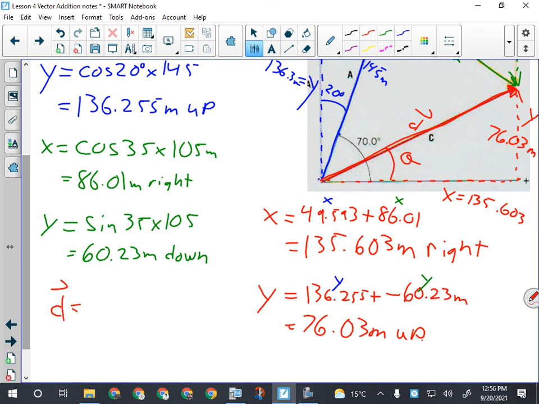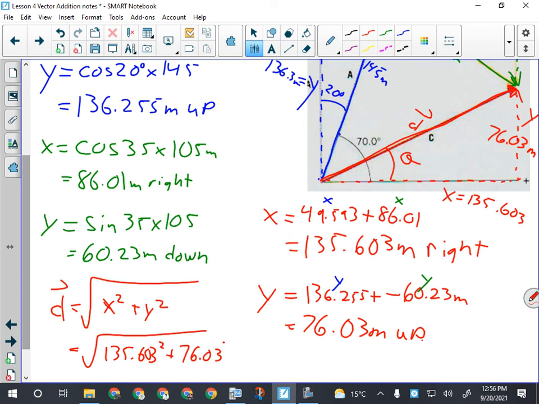So D is going to equal, okay, red x squared plus red y squared, which in this case will be 135.603 squared plus 76.03 squared. Again, not using the rounded off values. I'm going to use all the decimals from my calculator. I'm just not writing them all down.